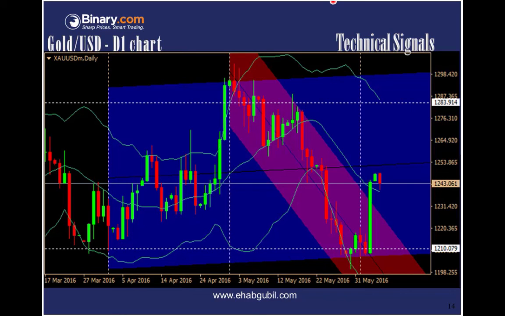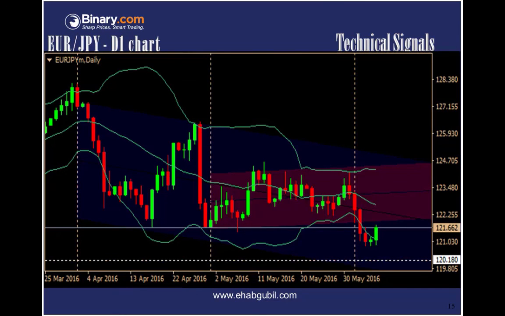Another example, another signal of regression channels: you can see the market broke also the last month regression channel downwards, in the same direction as the 2 month channel, the blue one, on the Euro Yen daily chart. So I expect the market to keep moving downwards to this level, 120.